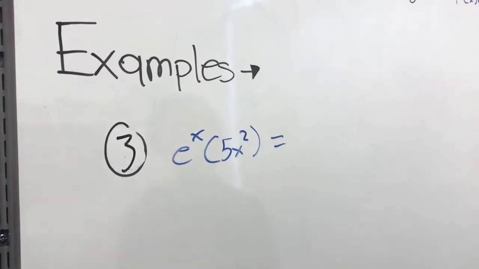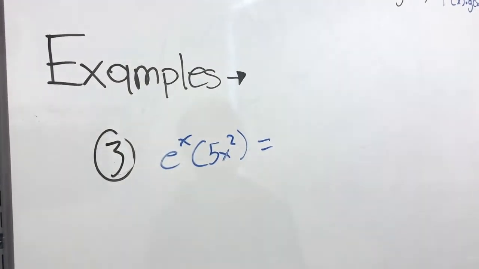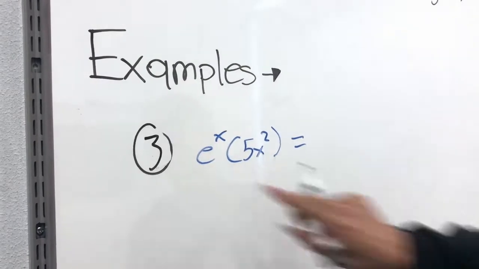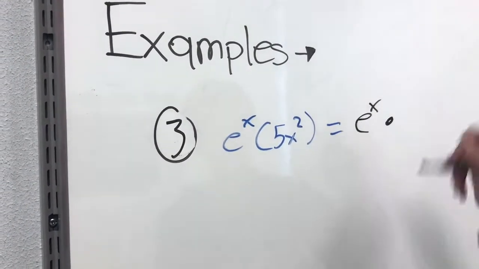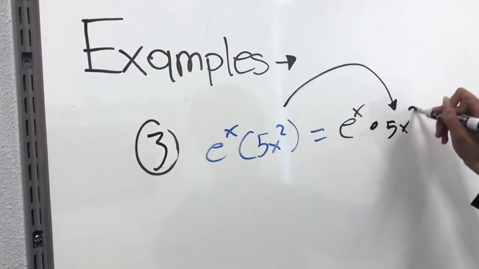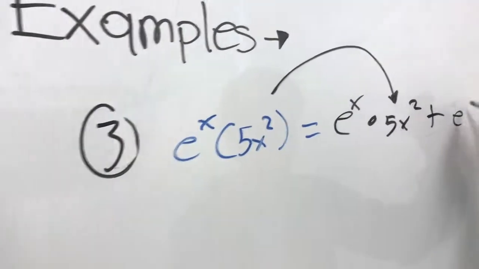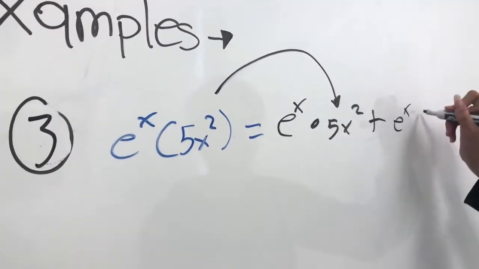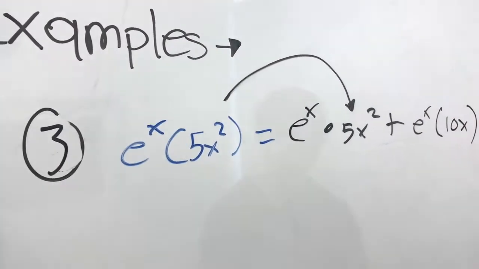For the last example, we're going to use e to the x times 5x squared. When we multiply this, we're going to get the derivative of the first one, which remains the same, times the non-derivative, so we get again e to the x, plus the non-derivative, which is e to the x, times the derivative of 5x squared, which would be 10x.